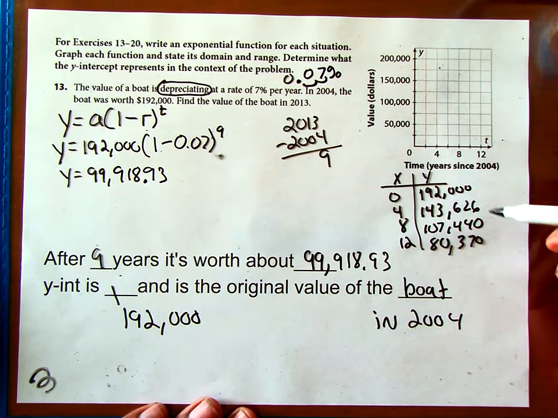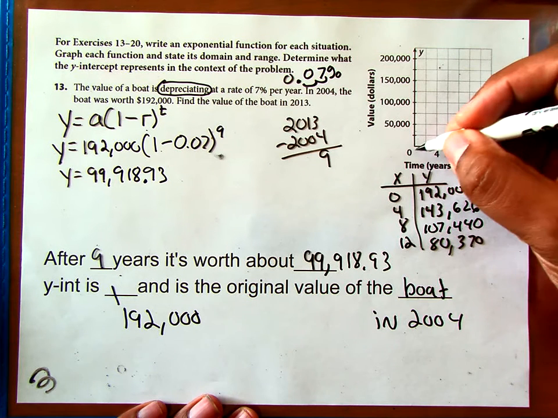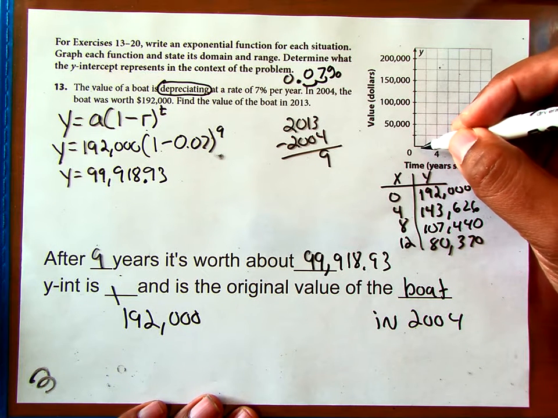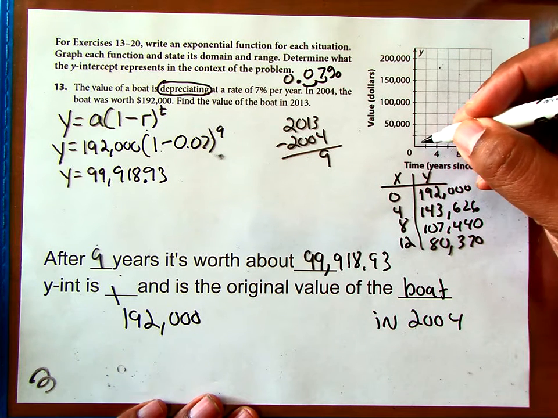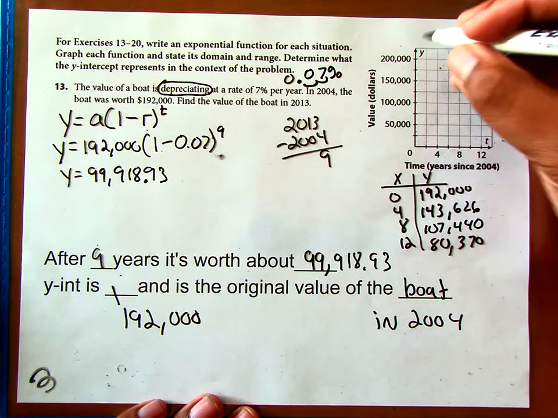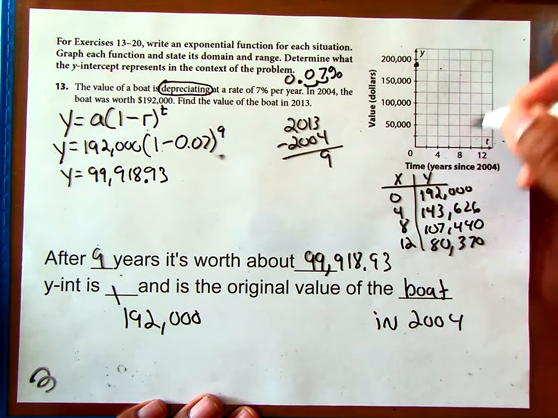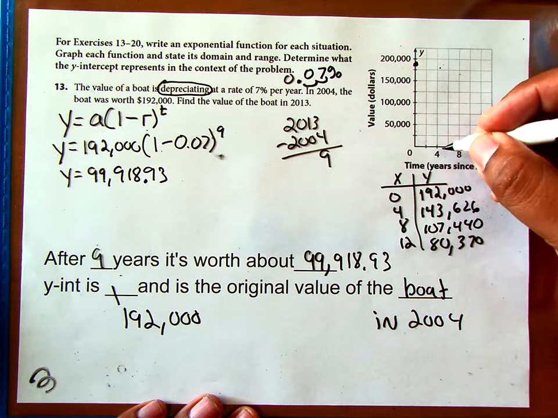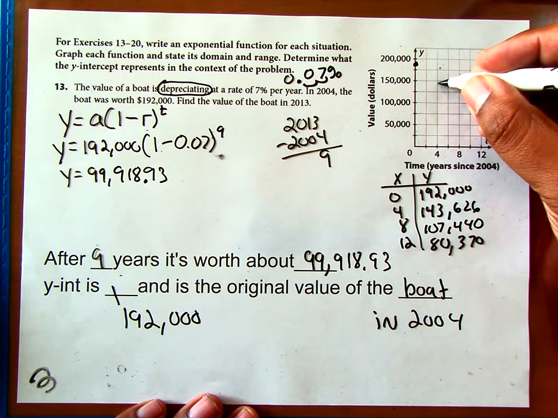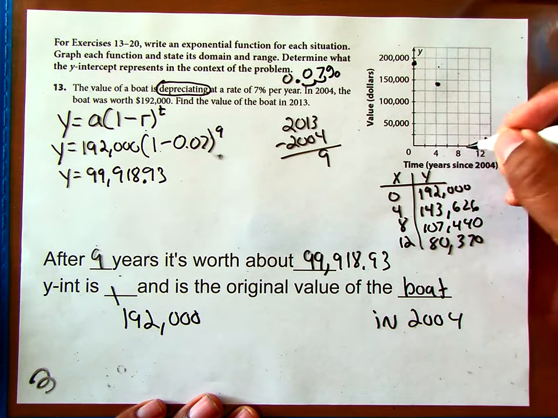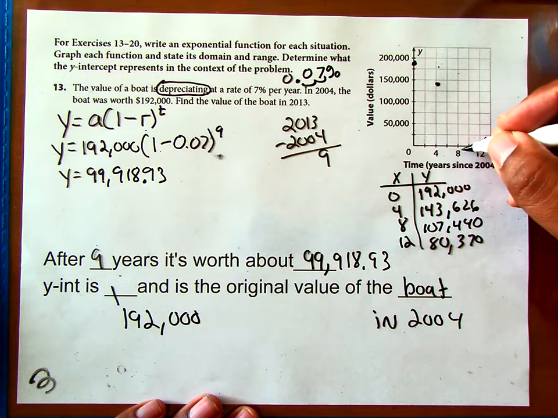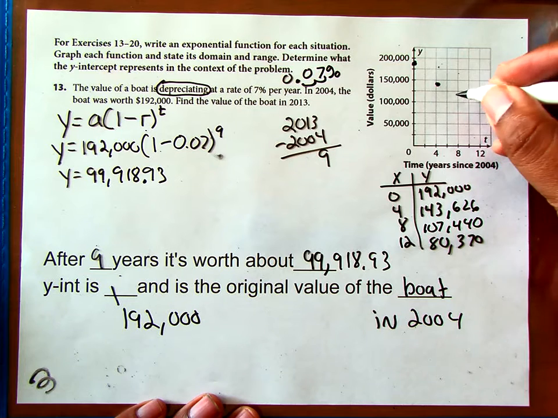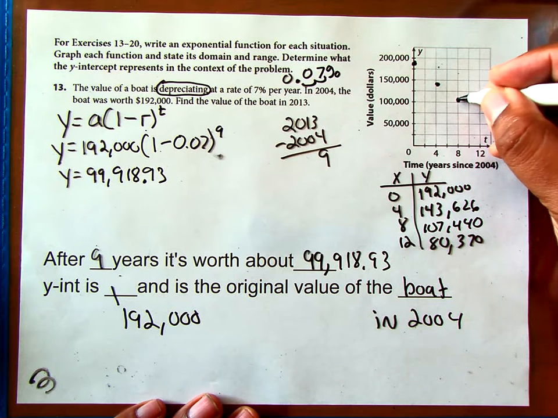All right. Now, finally, I'm going to go ahead and graph it. So at 0, I go up to 192,000, about right here. At 4, I'm at 143, somewhere in here. At 8, I'm at 107.